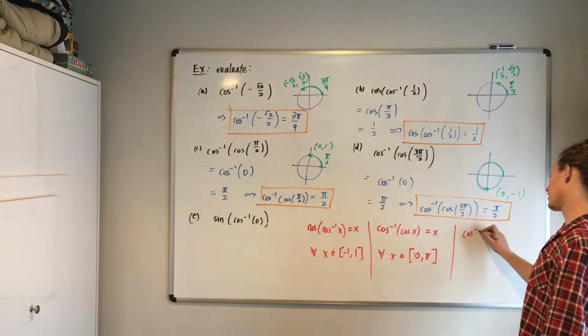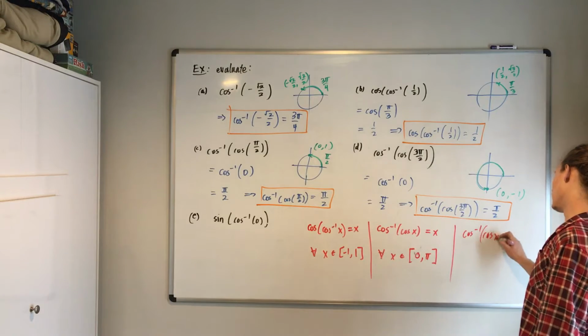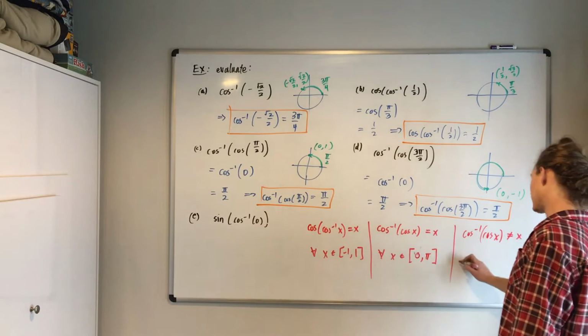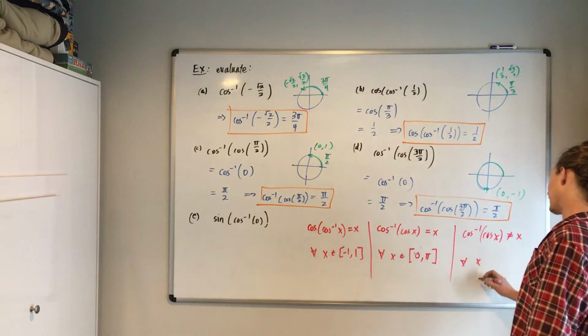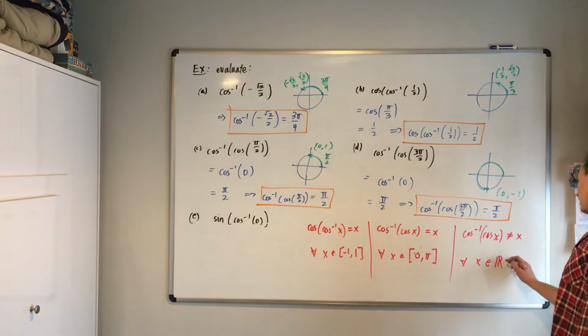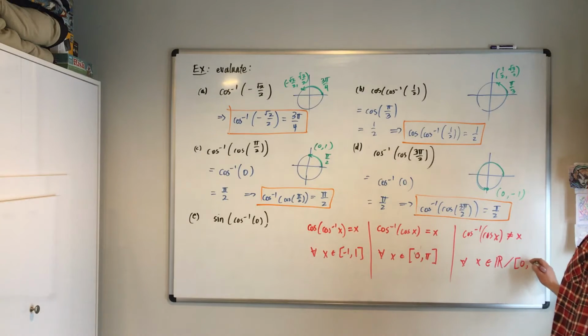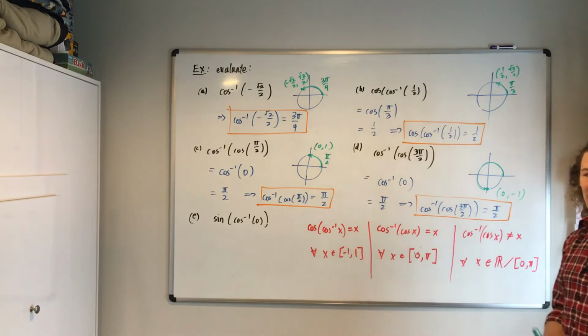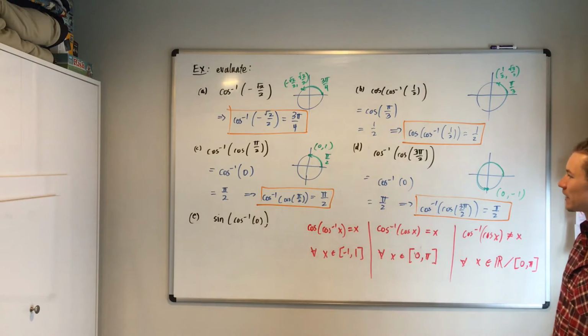And finally, the inverse cosine of the cosine of x is not equal to x for all real numbers x outside this interval, that is, taking away the real numbers between 0 and pi, including 0 and pi.